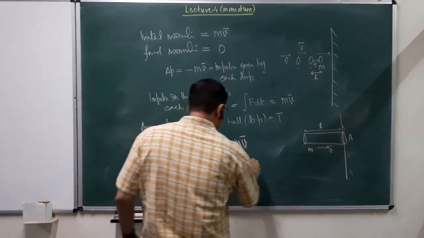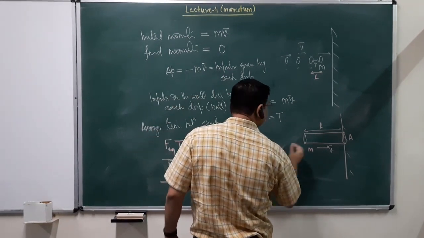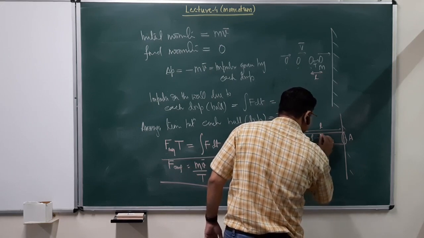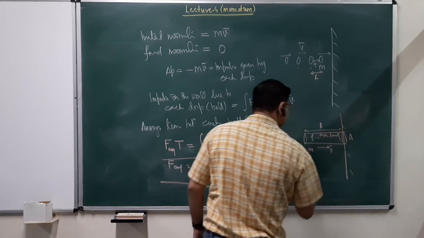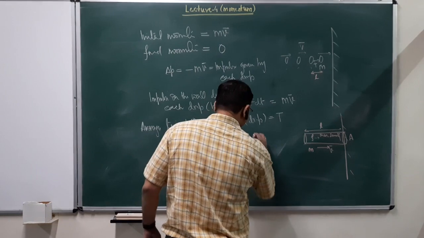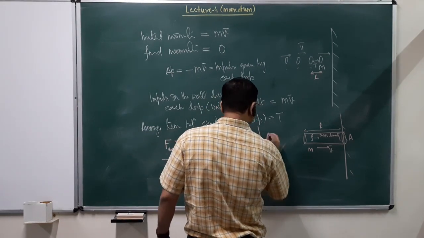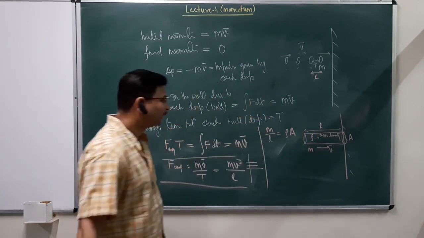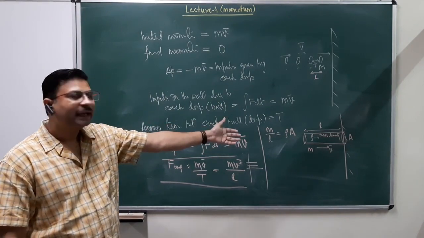So then I can extend this. Rho is the mass density, for example the water density; if it's oil, then the oil density. Now I can write m over L as rho times A, because m is the mass of the column, rho is the density, L is the length, and A is the area of cross section.